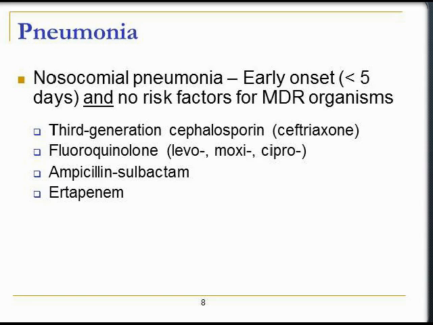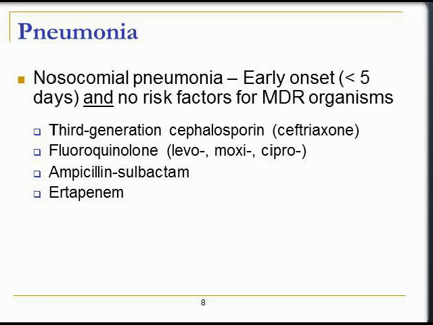Now this is not a very common demographic because remember, any early onset is less than 5 days. And if it's within the first 48 hours of hospitalization, that's still considered community-acquired pneumonia. So day 1 and 2 of hospitalization are community-acquired, and day 5 is late onset. So this is a patient who acquires pneumonia on day 3 or 4 of hospitalization.